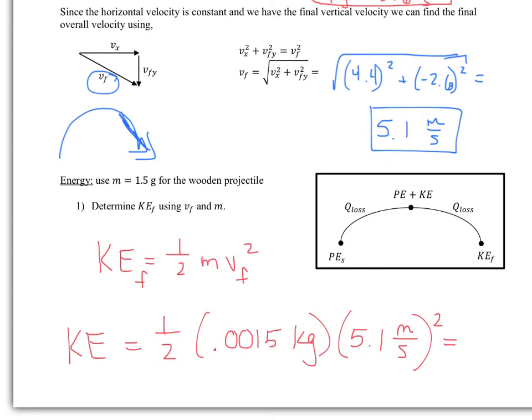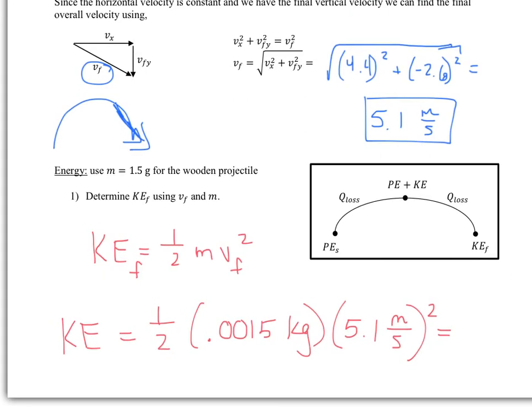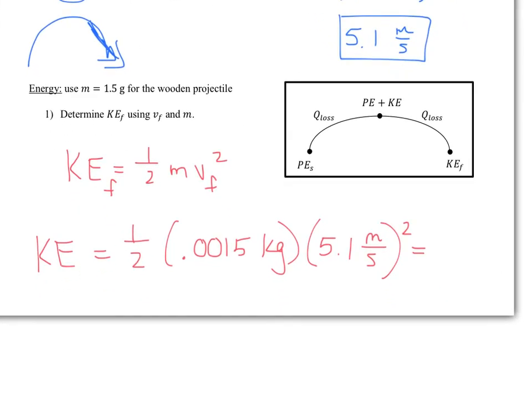Now your velocity might differ. I got 0.0195 joules. Keep 4 decimal spots here because these numbers are going to be very tiny. I got 0.0195 joules as my amount of energy at the end of the problem.